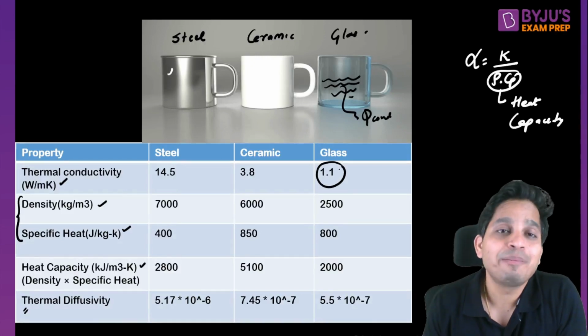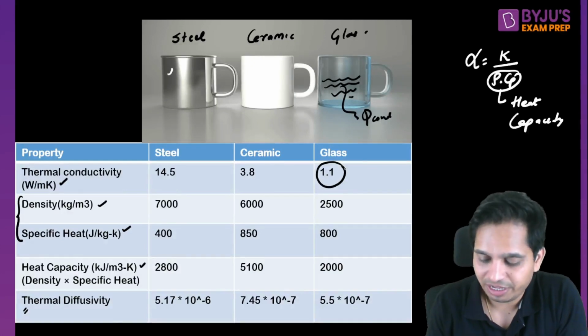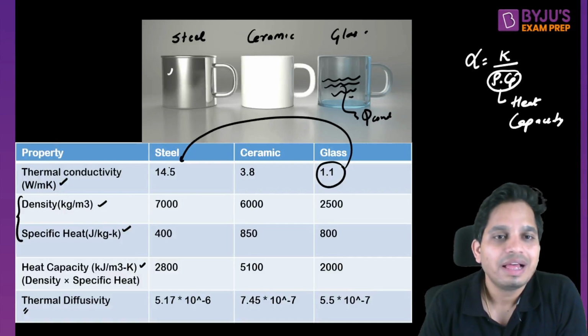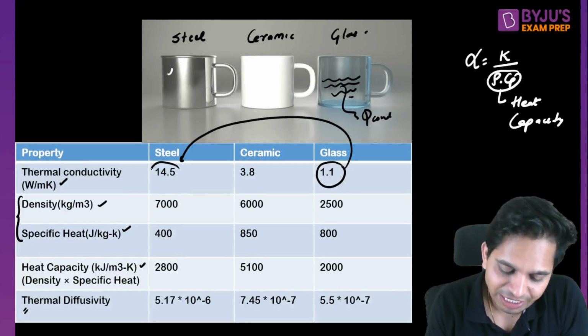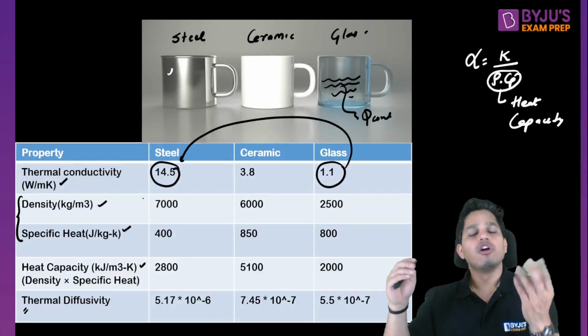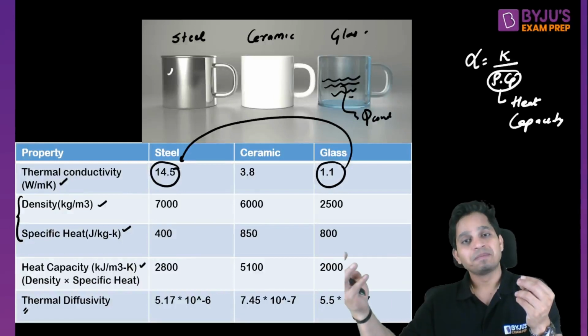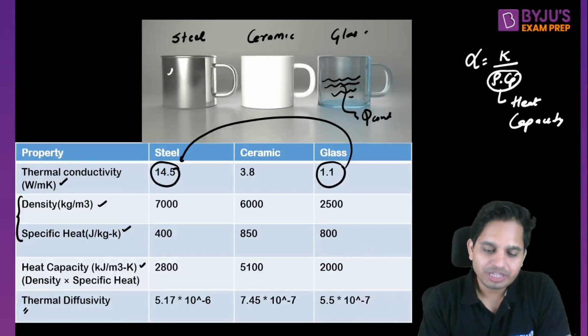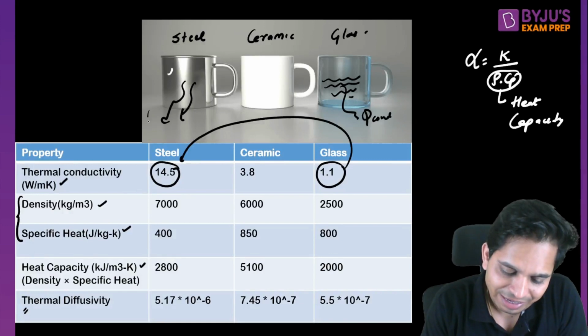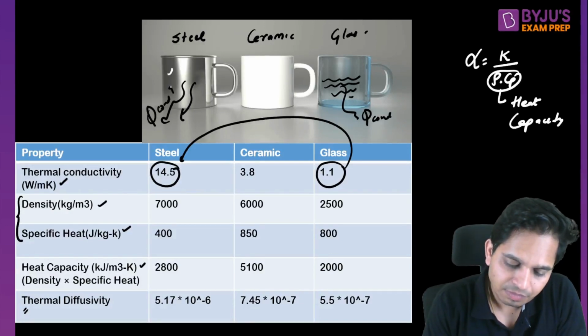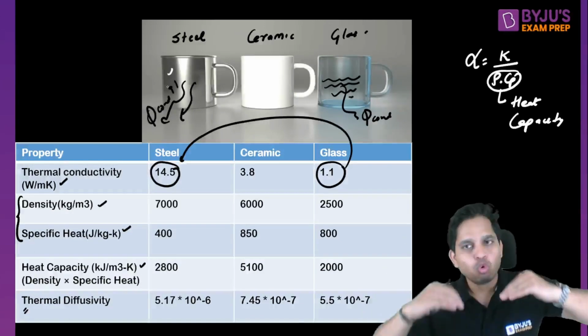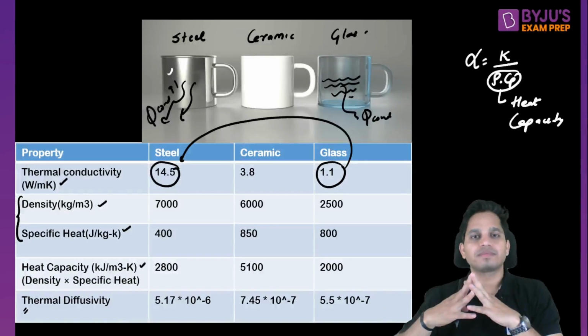I take a cup which has higher thermal conductivity. So I'll go to steel cup. Steel cup thermal conductivity is around 14 to 15 times higher than glass cup. So this will increase. More heat conduction will happen and coffee will cool down faster and you can drink it.